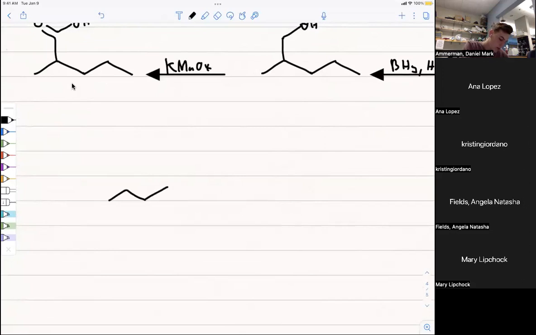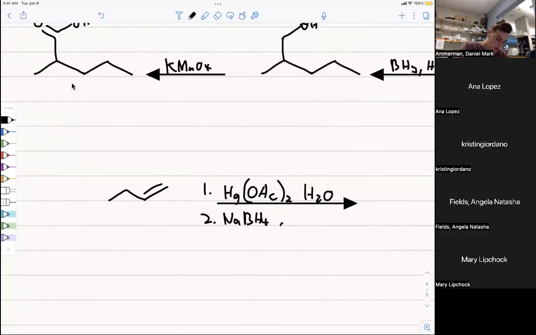When you have a double bond and you're given Hg(OAc)2, H2O, and the second step you will always be given NaBH4 and OH minus. These will always be together.